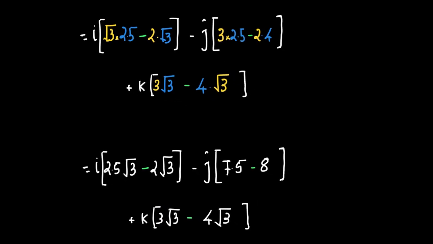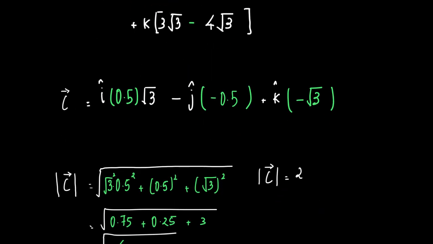Now, when we expand this, 2.5 root 3 minus 2 root 3. 2.5 into 3 is 7.5, 2 into 4 is 8. 3 root 3 minus 4 root 3.